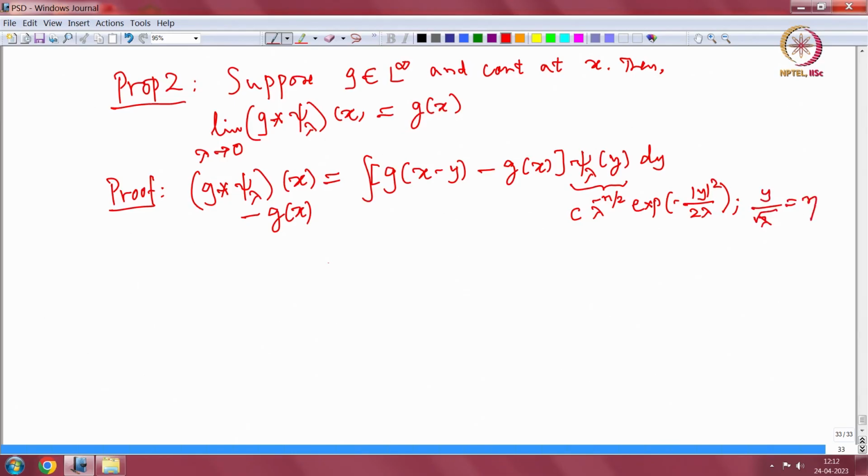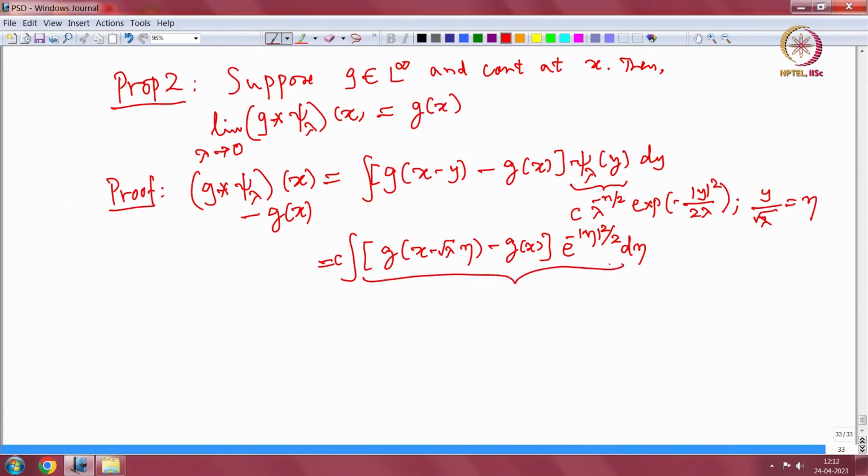This change of variable gives us the integral of g of x minus root lambda into eta minus gx, that constant is there, e to the minus eta square by 2 d eta. So these lambda factors disappear after we make the change of variables.